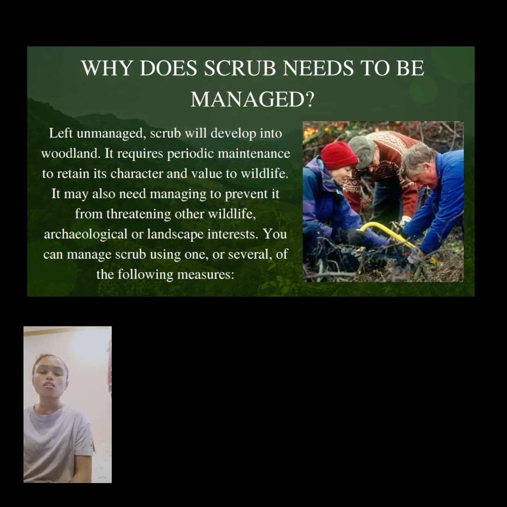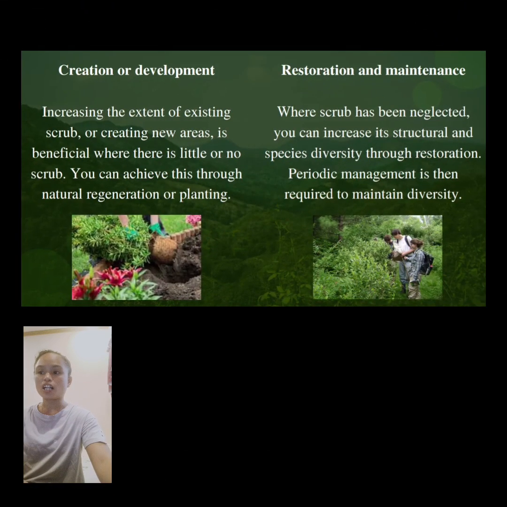You can manage scrub using one or several of the following measures. The first is creation or development. Increasing the extent of existing scrub or creating new areas is beneficial where there is little or no scrub. You can achieve this through natural regeneration or planting.